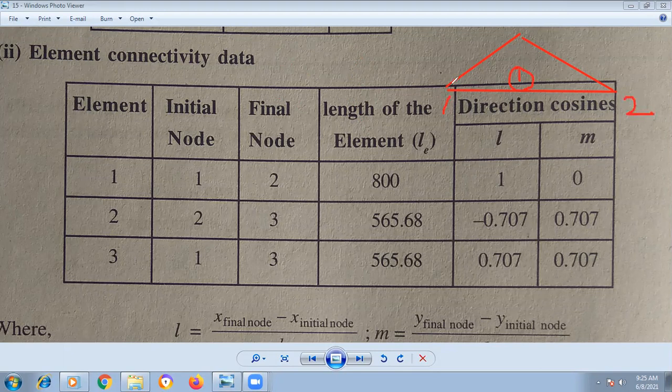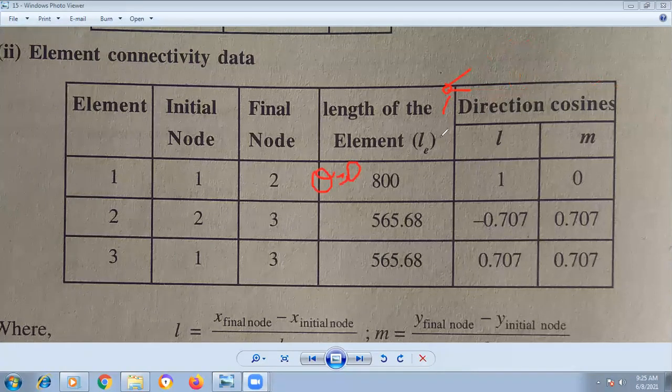Can anybody tell me what the value of theta will be? If I write the initial node as 1 and the final node as 2, what will be the value of theta? Theta will be measured at node 1, the initial node, with respect to the horizontal in the anti-clockwise direction.